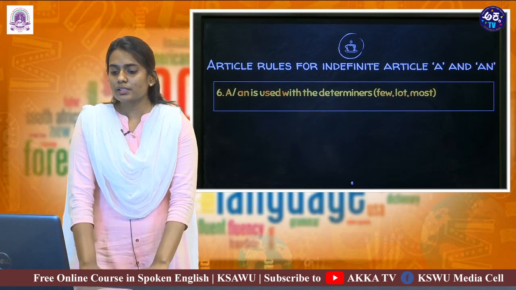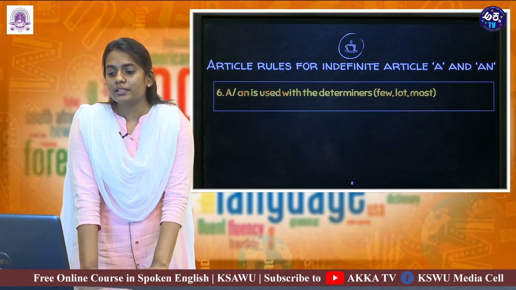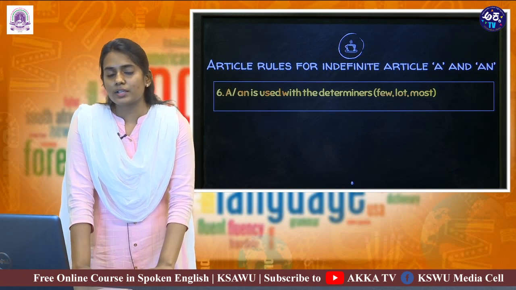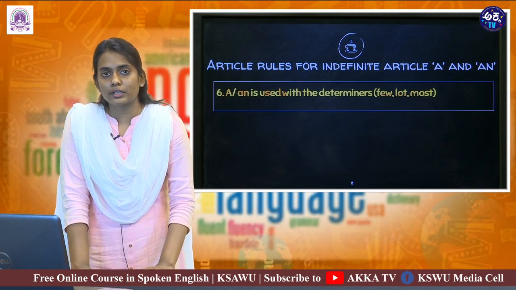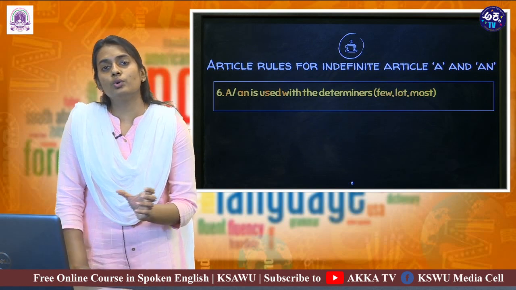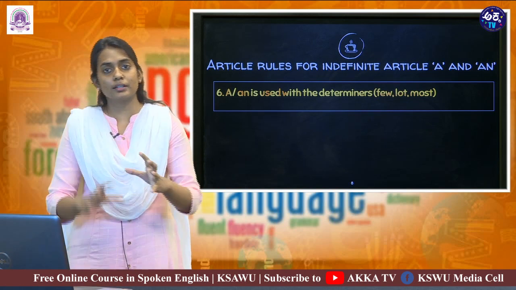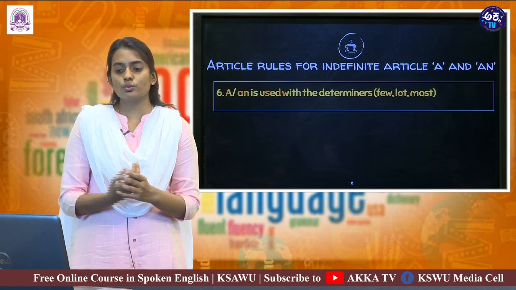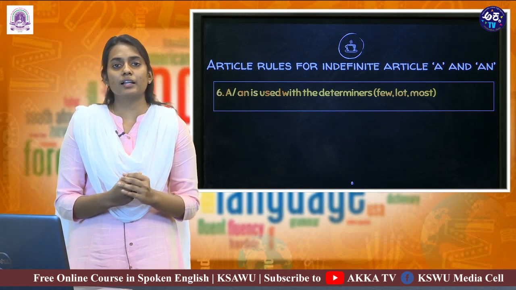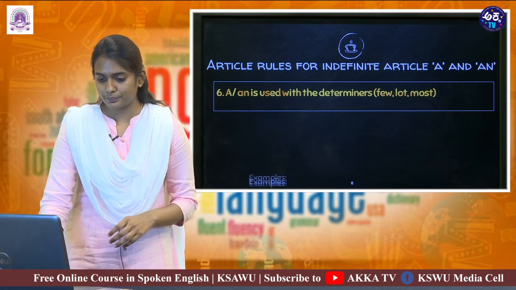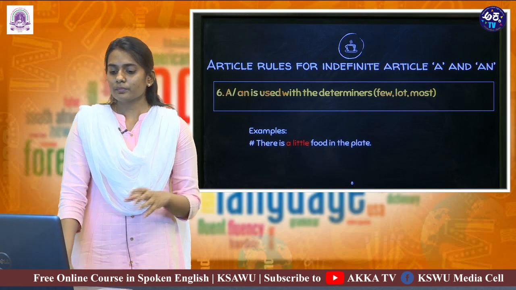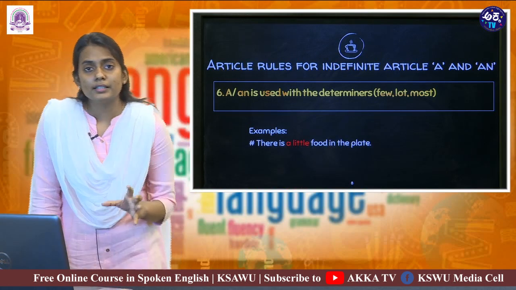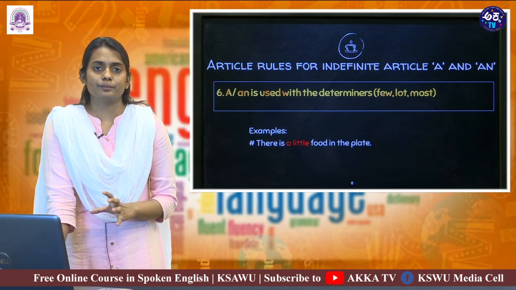The next one is that it is used with determiners. Say for example few, lot, most. Whenever such determiners come, we use the indefinite articles a or an. Example: there is a little food in the plate. Very little.